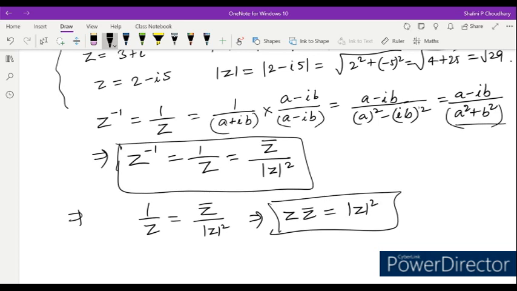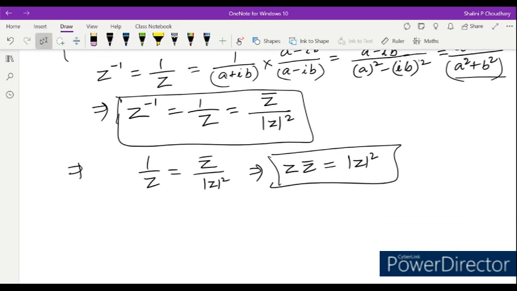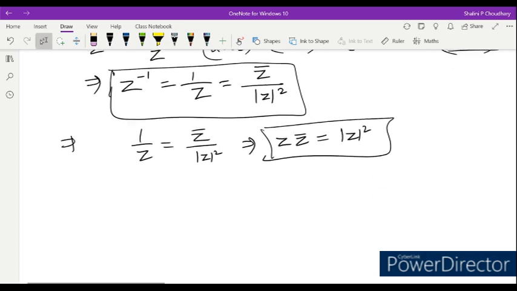So this way we can also derive some more results. For any two complex numbers z1 and z2, we can derive these things.